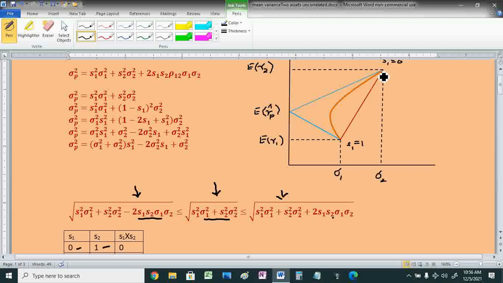Similarly here ERP equal to ER2 and sigma P equal to sigma 2. So this is your horizontal axis which is plotting portfolio standard deviation.